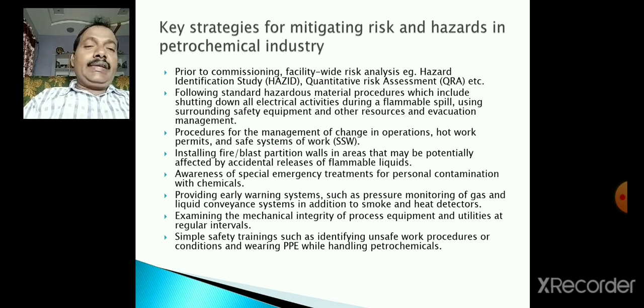And providing early warning systems whenever a dangerous limit is exceeded. So such automatic alarming systems must be initiated, such as pressure monitoring of gas and liquid conveyance systems, in addition to smoke and heat detectors.